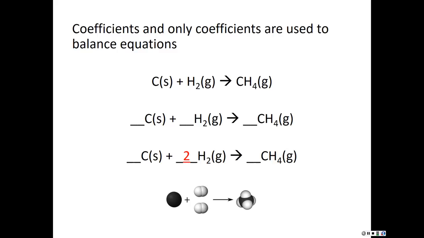Okay, it's just understood to be 1. It's always 1 there. So what we can do is then change these so that the same number of atoms go into the reaction as come out of the reaction.